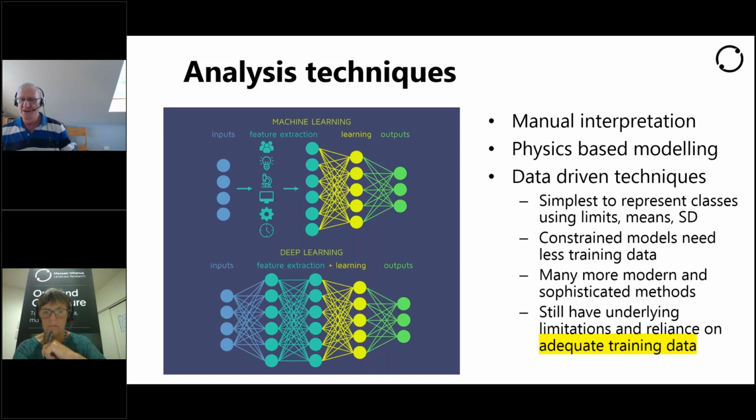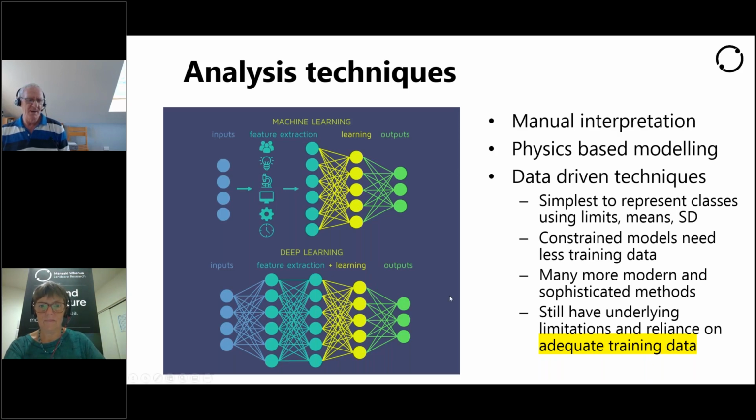So there are tricks and techniques to do this, but my point is that there are still underlying limitations, and you may have to go back and change the architecture of the model, the number of layers used, or the functions used within each layer in order to get an adequate result for some particular classification problem.